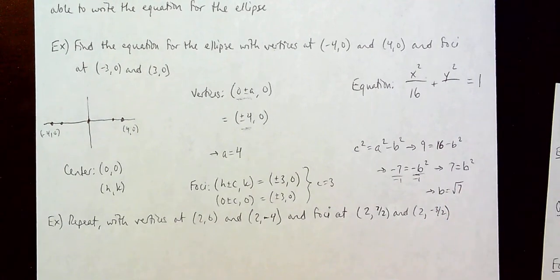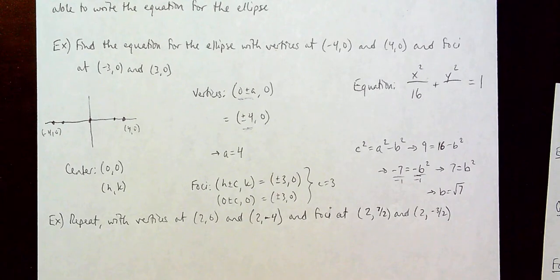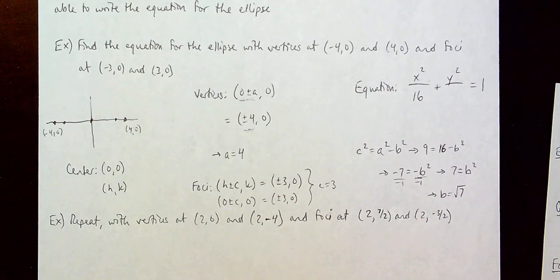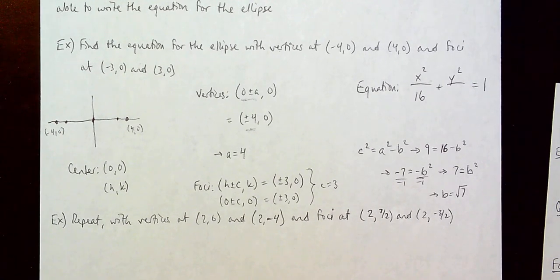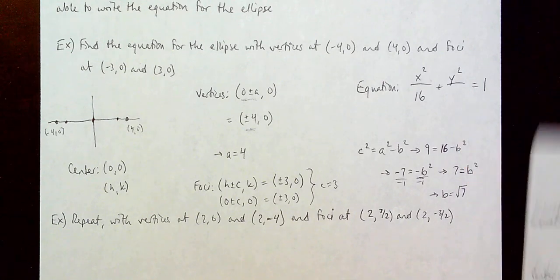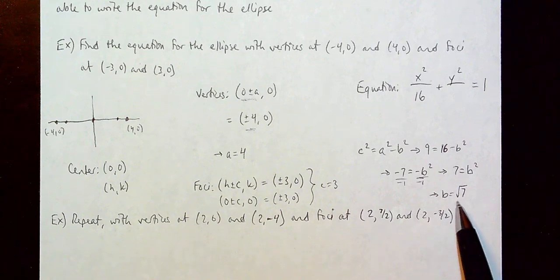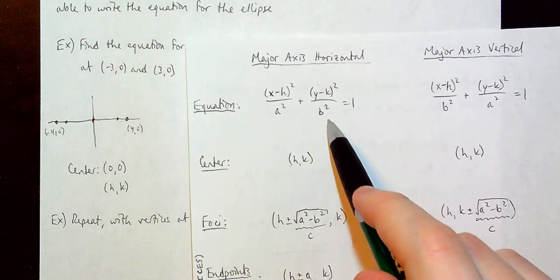And then lastly, I take the square root of both sides. So I get b is equal to the square root of 7. So that's our b value. That's the other missing piece that we have to substitute into our equation here. Now, I didn't even have to figure out the actual b value because in the equation, we're substituting in b squared.